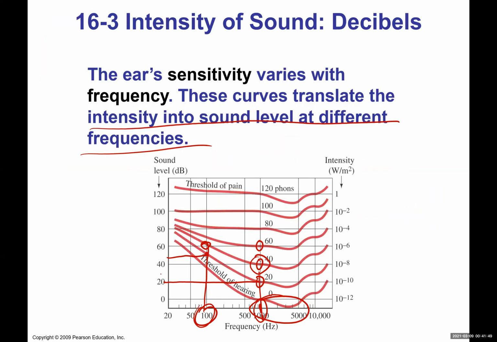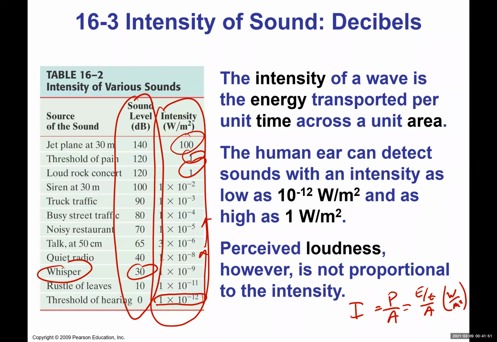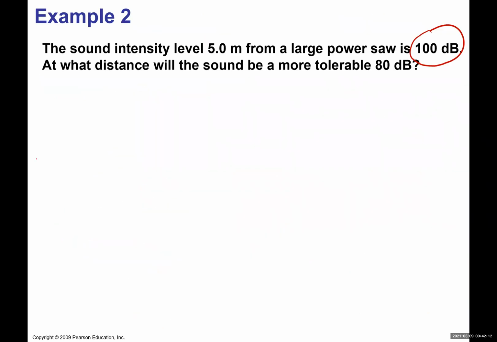Going back to the table I gave you, 100 dB is like a siren at 30 meters, not quite the threshold of pain, but kind of close. 80 dB is like busy street traffic, something that is loud but still manageable. That's why it's asking for a more tolerable 80 dB.